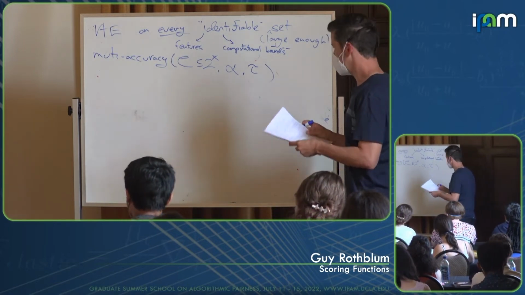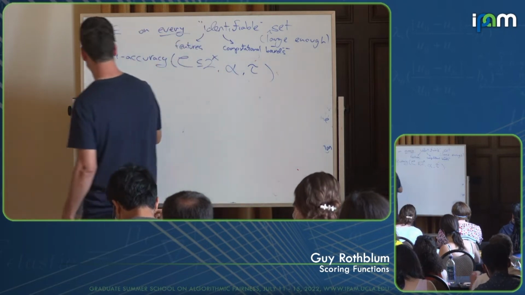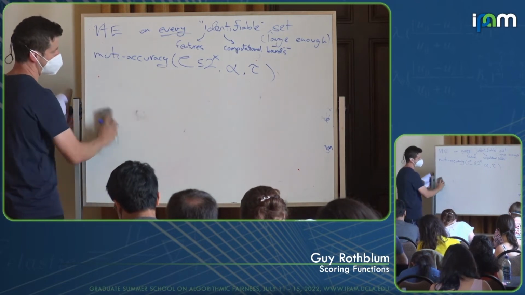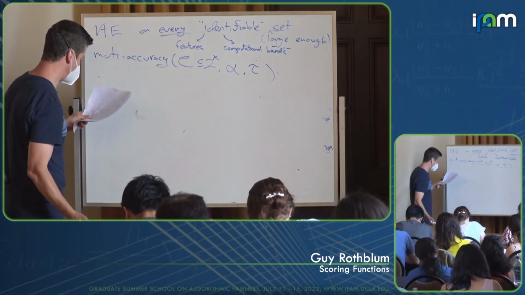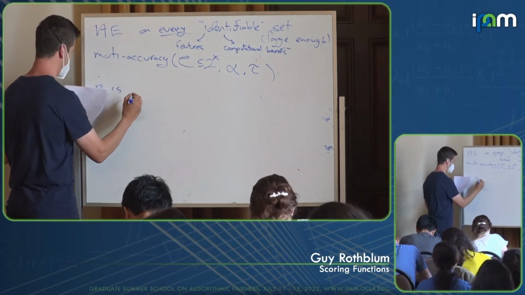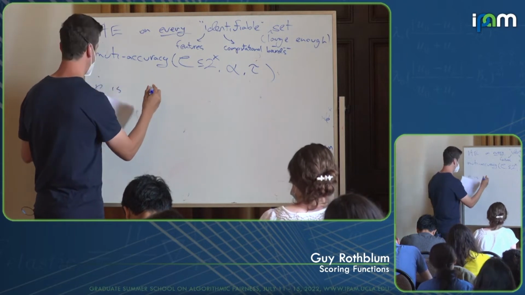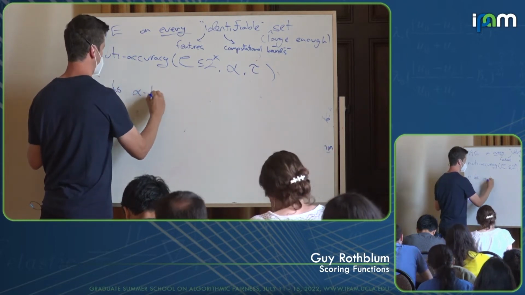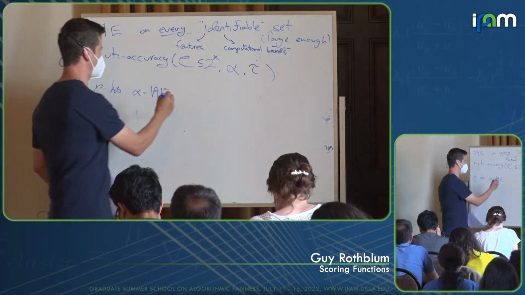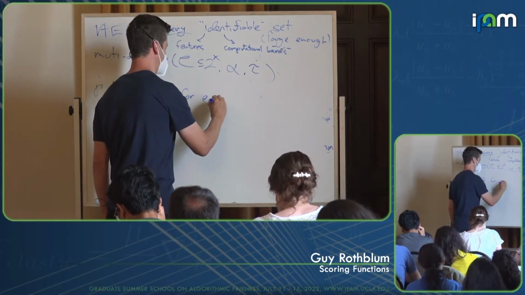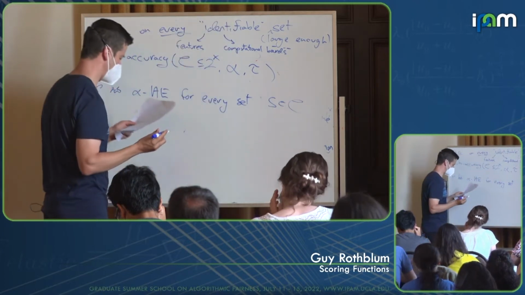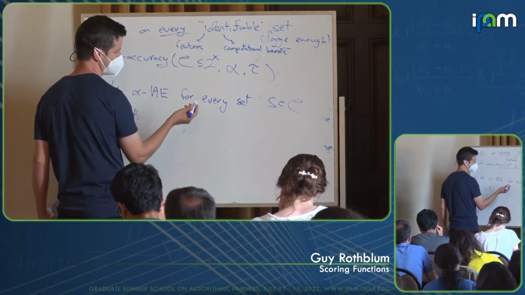Okay, so a predictor P is going to be (C, alpha, tau) multi-accurate if P has alpha-accurate expectations for every set S in the collection C that has high enough weight according to the distribution.